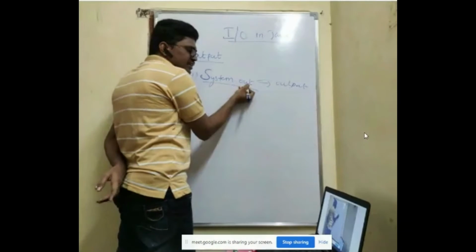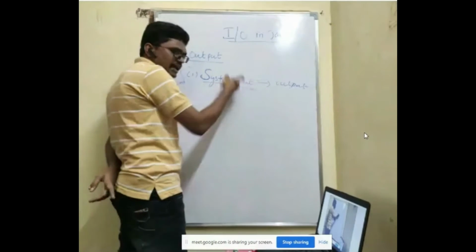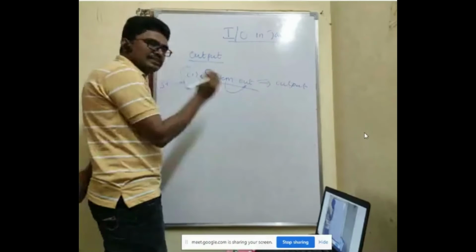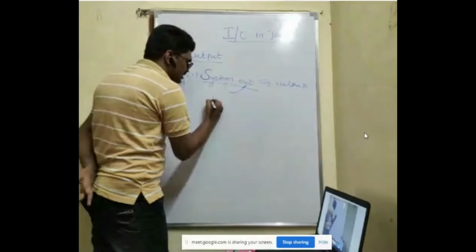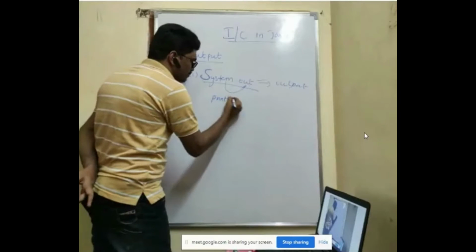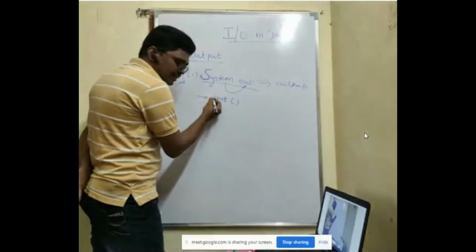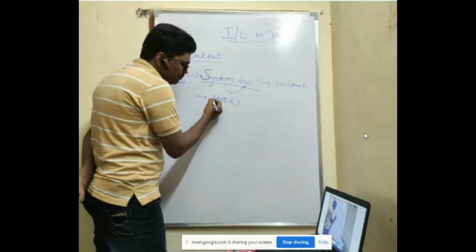Now System.out. System is a class. Out is a subsequent object in that class; inside of this System class, we have a subclass called out. In this we have two methods. One is the print method. Very important: the method name is small, P is small.